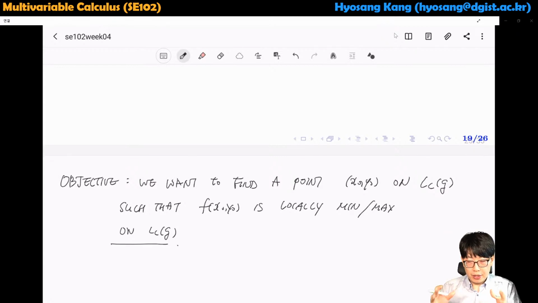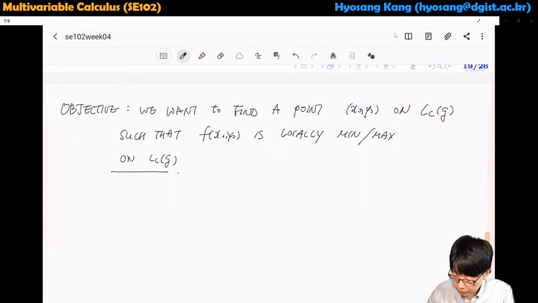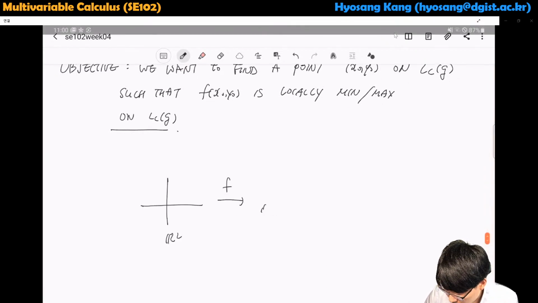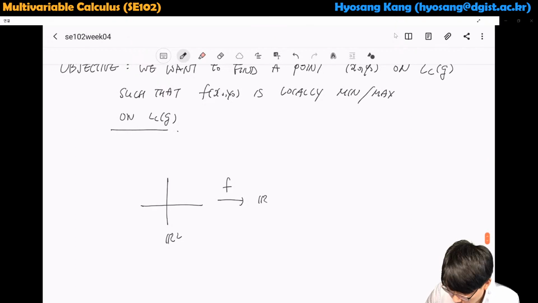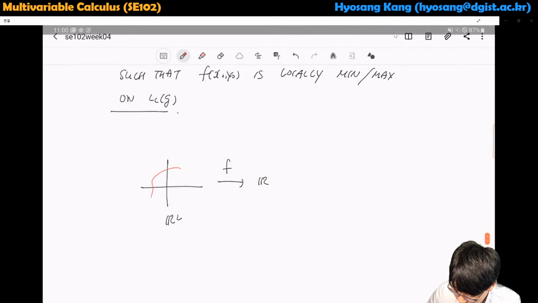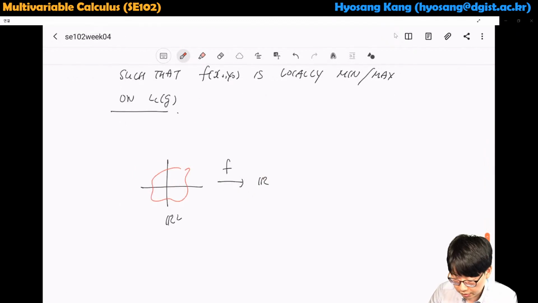So we are going to restrict the domain of f to this level set. Let's say we have a function defined on R2, so the value of the function is a real number. We're not looking at the entire domain R2. We are only looking at the constraints. Let's say this constraint is the level set, like a curve here.